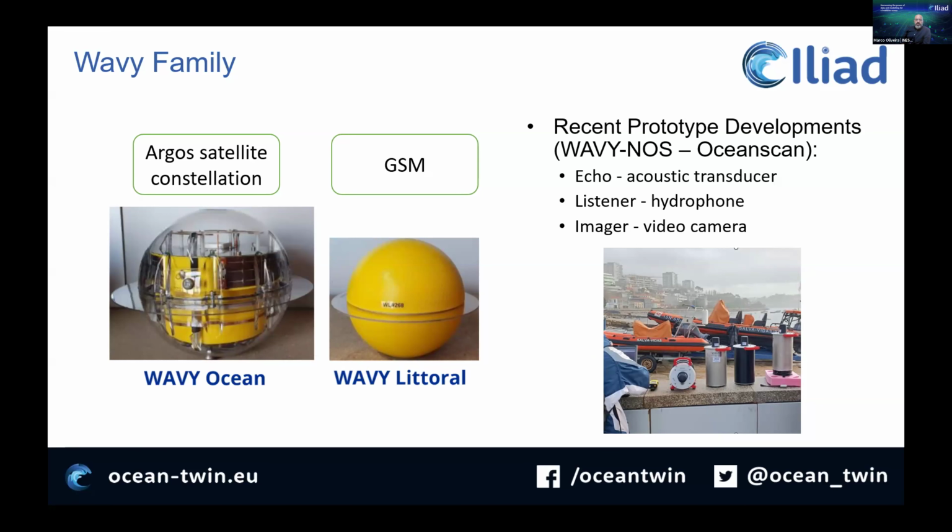One is for using offshore in the open ocean. That's the bigger one. It connects to our systems through satellite to the CLS constellation. And we have another one, a smaller one, a little bit bigger than one hand, that connects with GSM communications, and that's the one that we will use in Iliad.